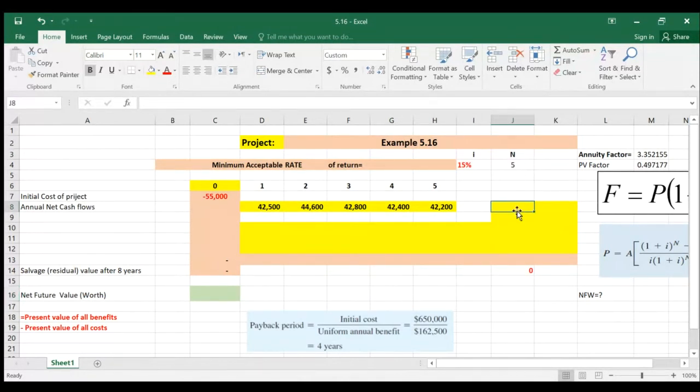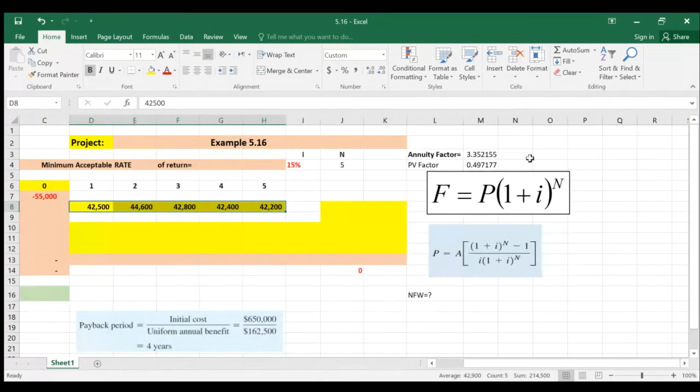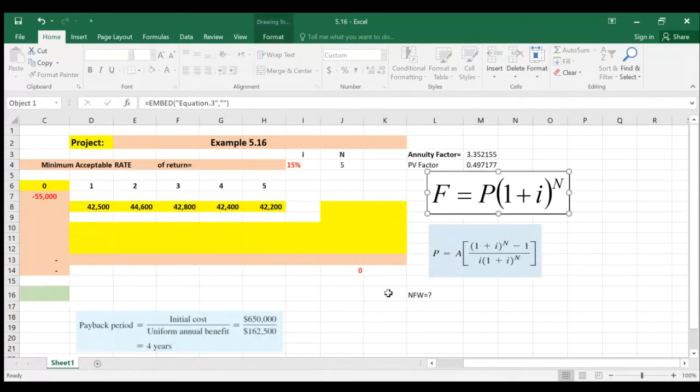Let's say what is the F for the first cash flow, which is 42,500 here. What is going to be the F of this project, right? Because you have to calculate one by one for each one separately. These are not series, right? So you have to use this formula to calculate an F for each year.